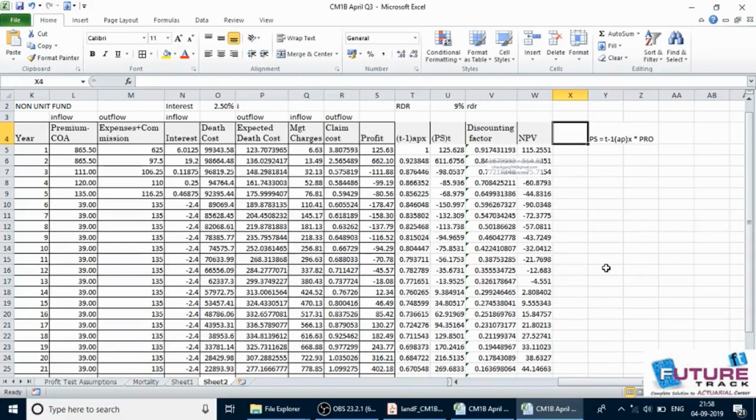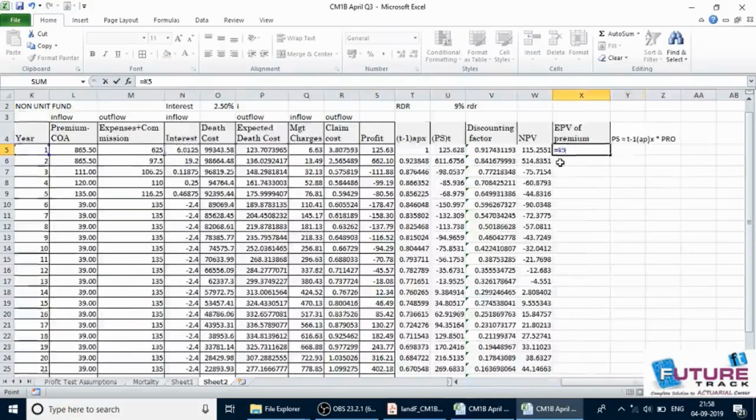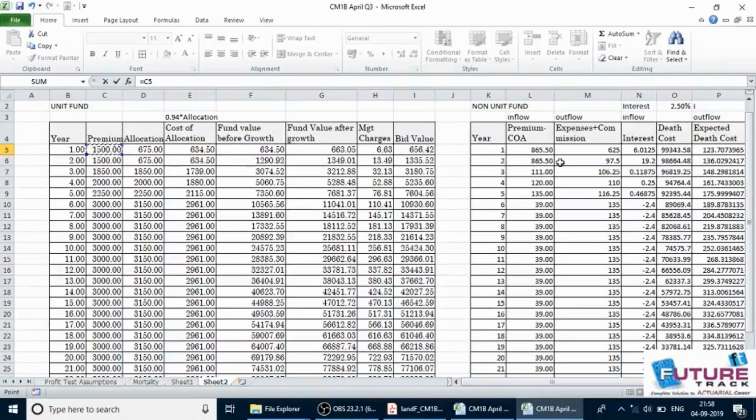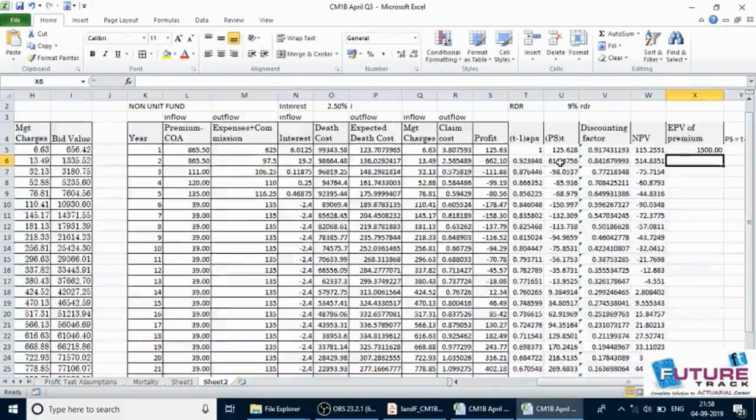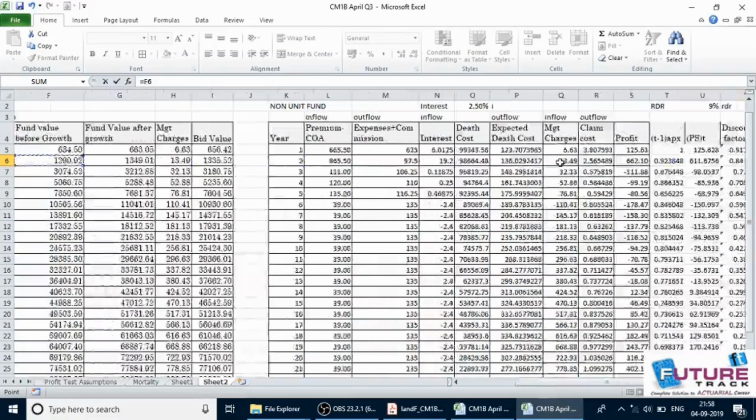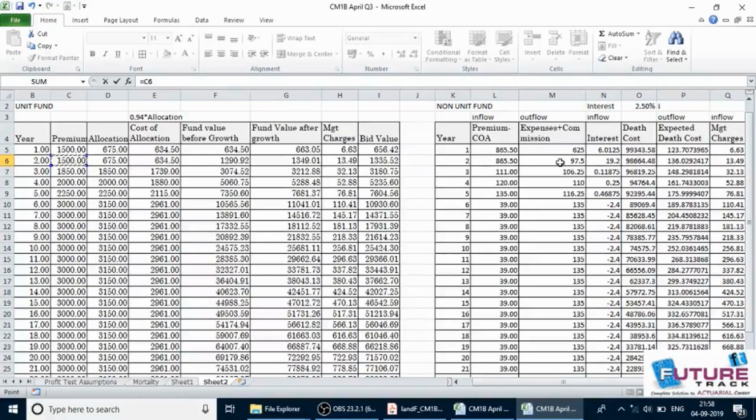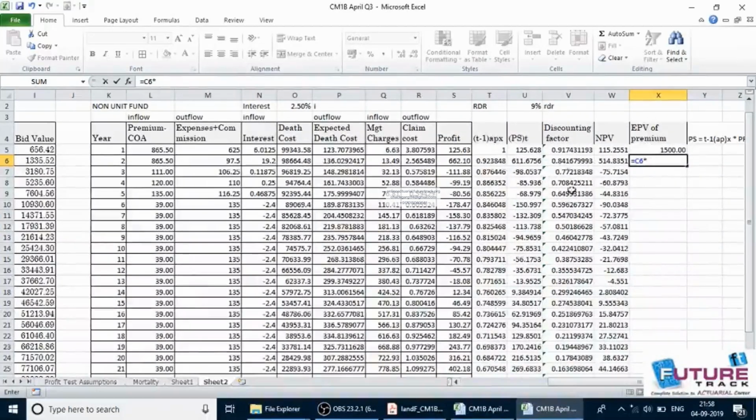For the profit margin, we need EPV also. So EPV of premium. See, for the first year my EPV of premium is just the premium only. Fine. For the second year, it is my premium into V, because this is the premium we are getting at the beginning of the second year, so we have to discount that.